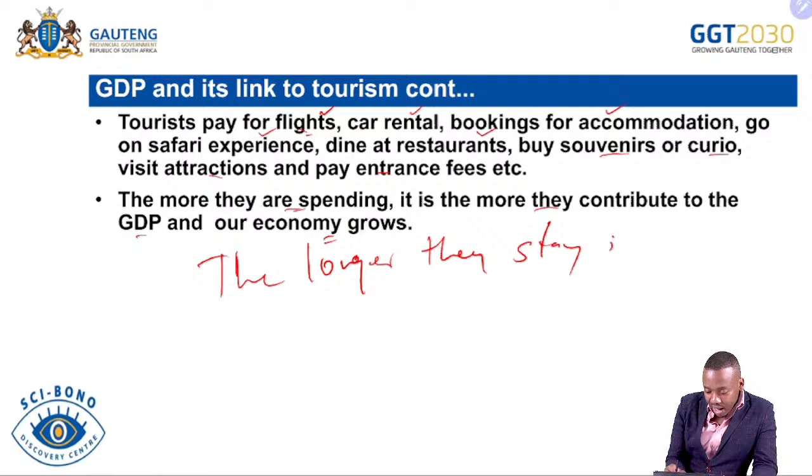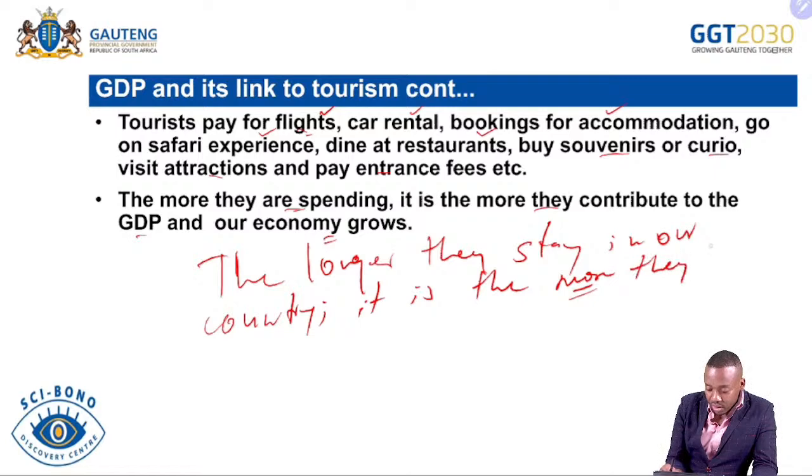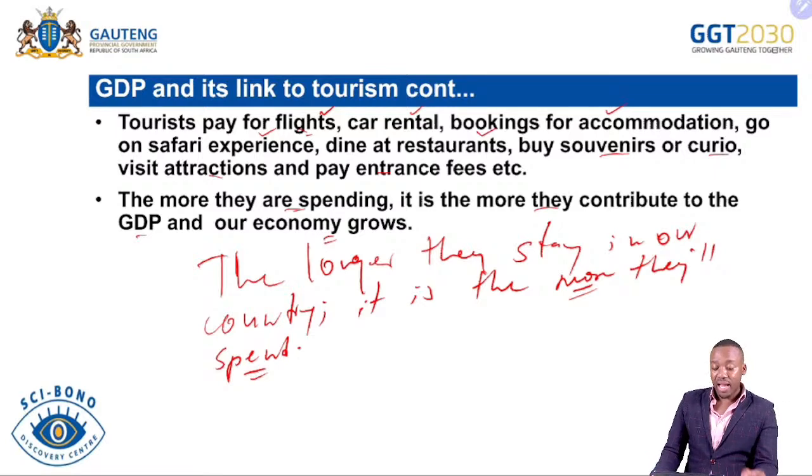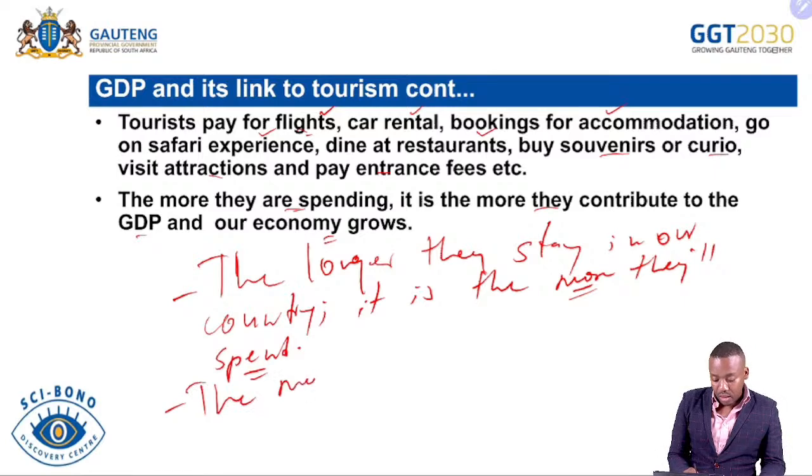it is the more they'll spend. They are spending what? They are spending their foreign currency. And the more they are spending, the more they are spending where?